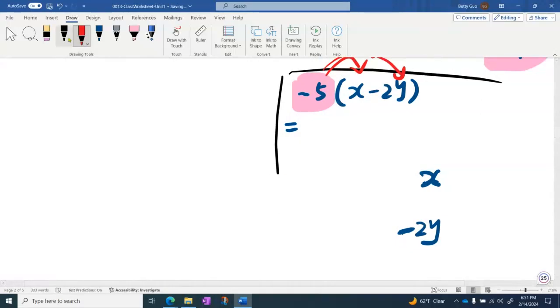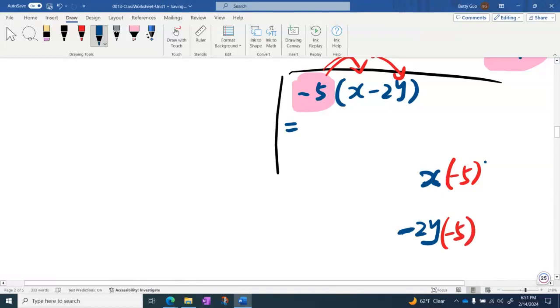The first term is x, and we multiply by negative 5. The second term is negative 2y, and we multiply by negative 5. Let's see what we have. The first term, x, multiplied by negative 5: positive times negative is negative, and we have 5 times x.